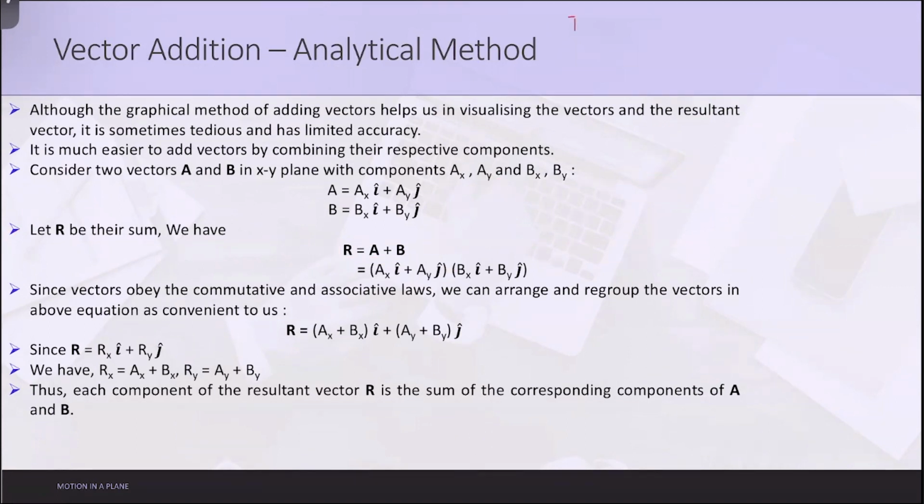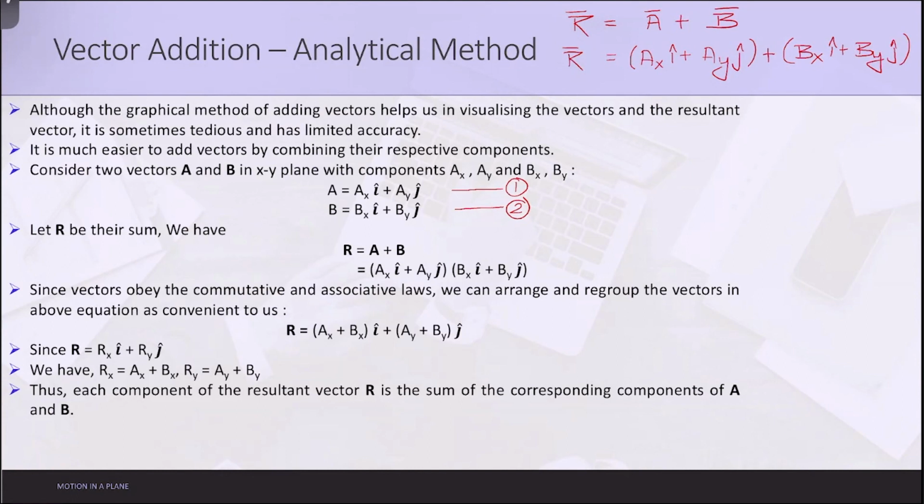What they just did is R equals a plus b, everything is just vectors only. So now using equation number 1 and equation number 2, we can write this R vector as equal to ax I cap plus ay j cap plus bx I cap plus by j cap.